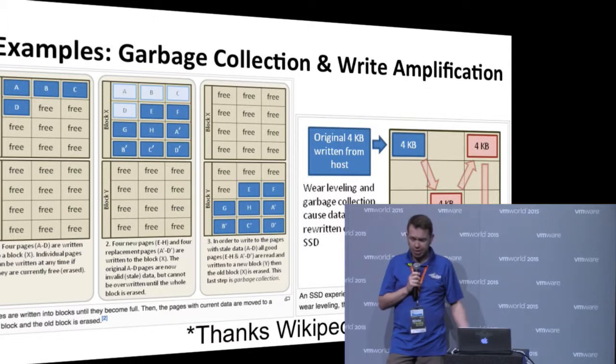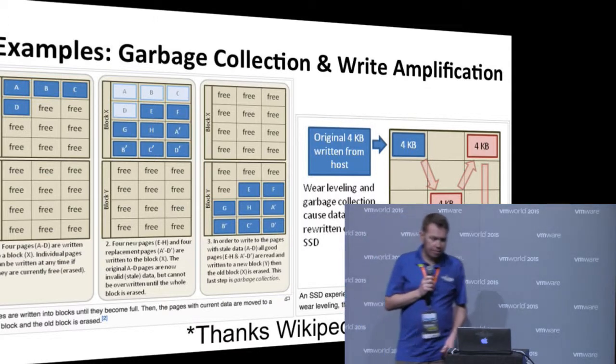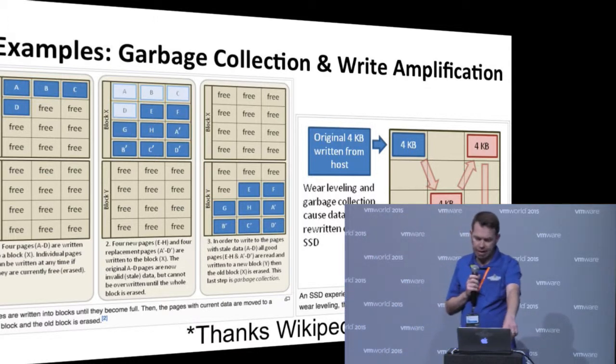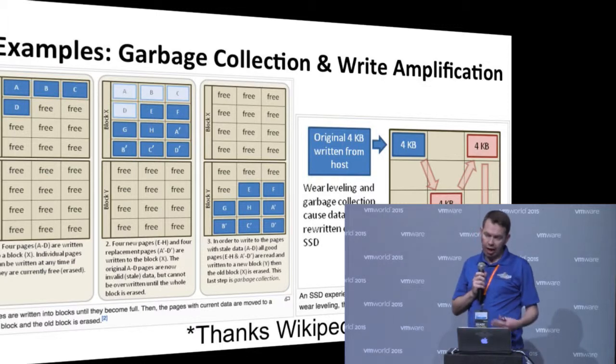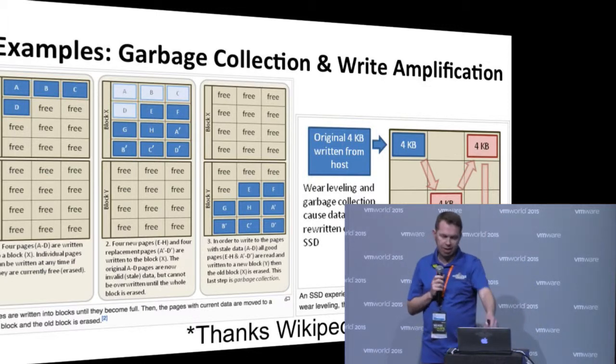I've got some examples, thanks Wikipedia for this. The example on the left is garbage collection in effect. Pages A, B, and C are written. Then some new data is put on there, E, F, G and H, but then A, B, C and D's states have changed and they've been written again. The only way we can free up that block is to move all that data.